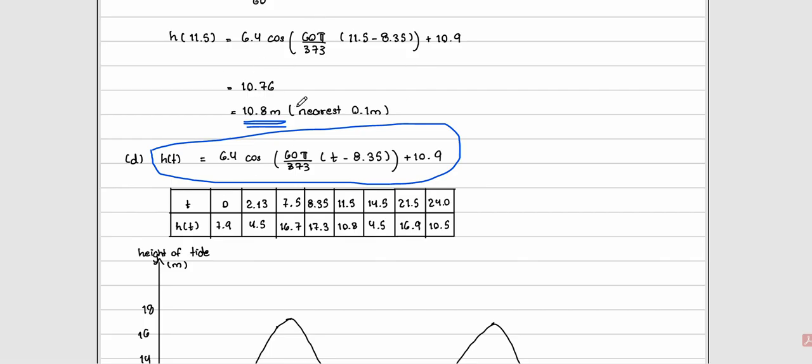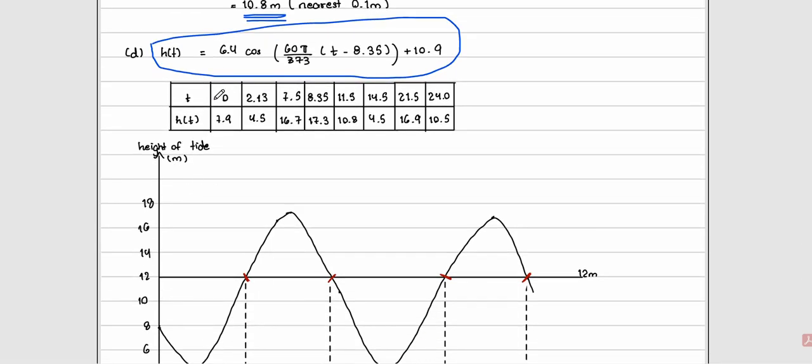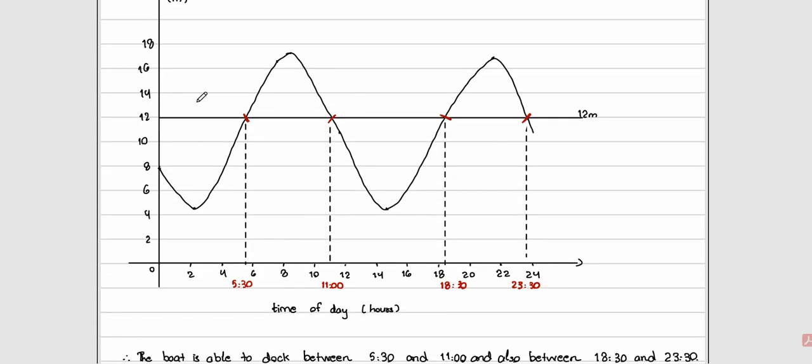So I've already drawn it online with this function. The key points for this equation are going to be 0, 2.13, 7.3, 8.35. So I've already drawn the graph for this.